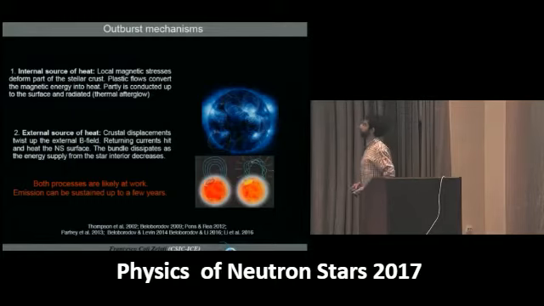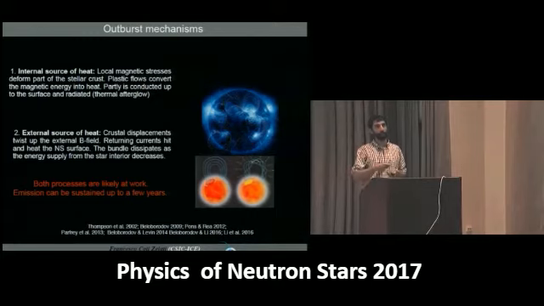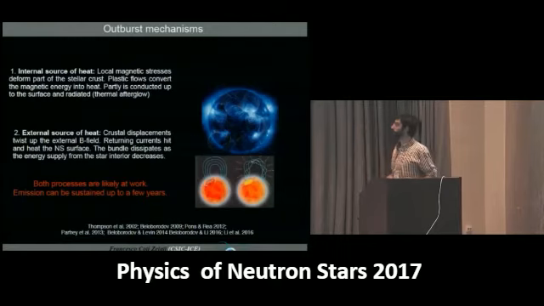The plastic flows then convert mechanically the magnetic energy into heat, and part of this heat is then conducted up to the surface layers of the neutron star and radiated in the form of the observed thermal afterglow emission.